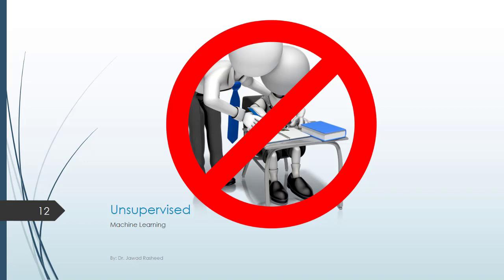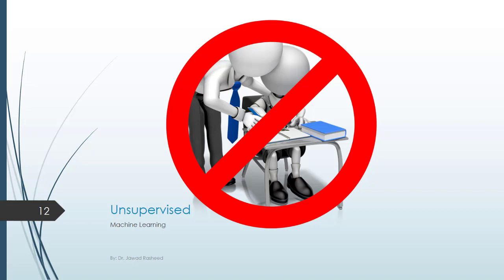So it means there is no teacher, no supervisor who will tell you whether you are making a mistake or not. Here you are just giving the data, that's it. You are not providing the labels. This is why it's called unsupervised learning.